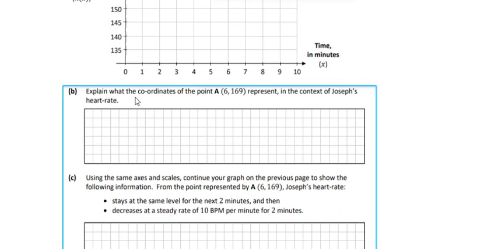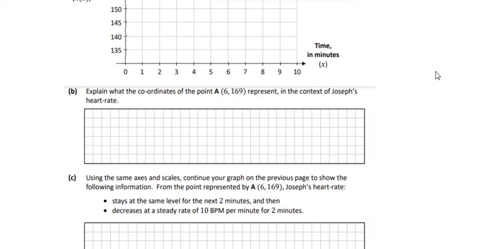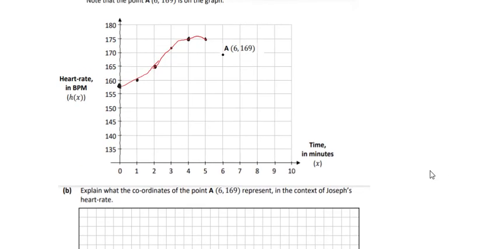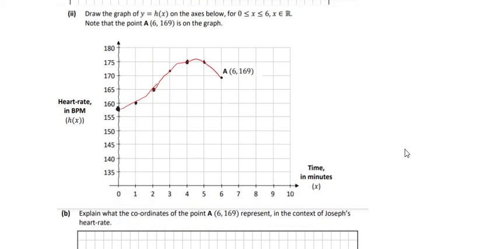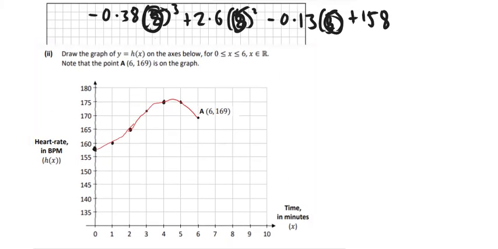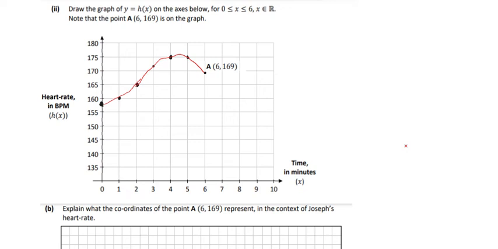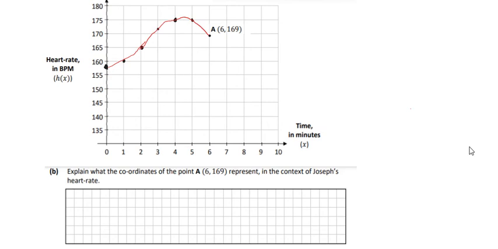Part A finished. So we'll need to do more with the graph for part B, I expect. Explain what the coordinates of point A, 6, 169, represent in the context of Joseph's heart rate. I didn't actually finish off the graph there. So 6, 169. In the context of the graph, the 6 represents 6 minutes, and 169 represents 169 beats per minute.